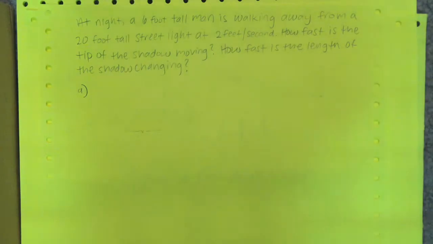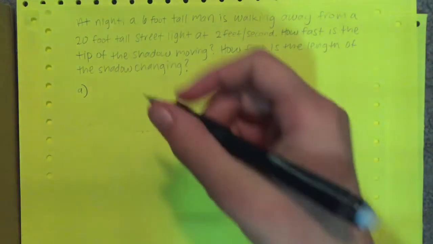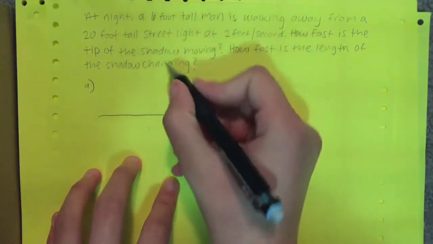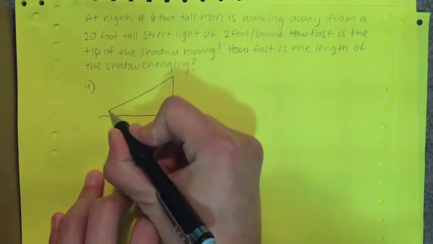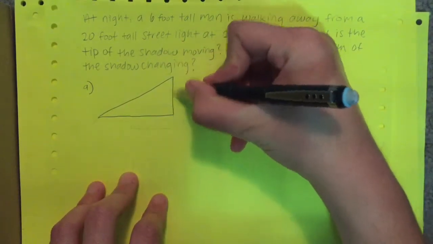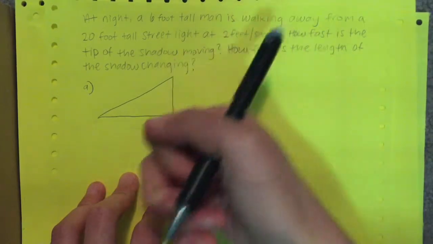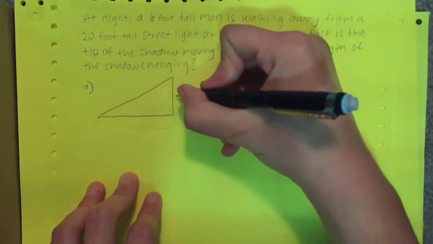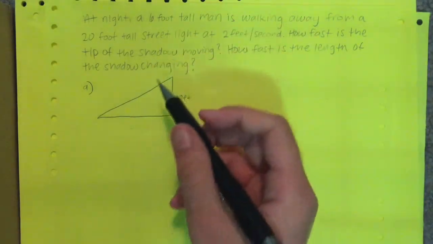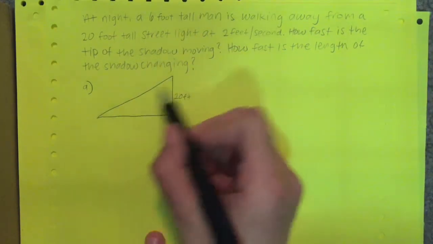The first step in solving related rates is to draw the picture. So let's draw a picture. This is going to be the streetlight. It said that the streetlight is 20 feet tall, and it is shining light down this way.